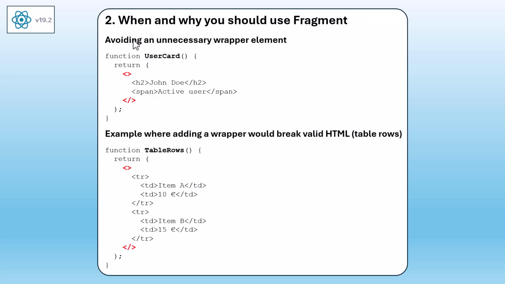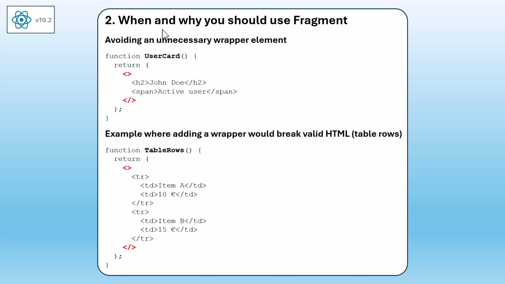2. When and why you should use Fragment. You should consider using a fragment when your component logically needs to return a list or group of elements rather than a single container. For example, when rendering sibling components or pieces of UI that don't need an extra container around them.